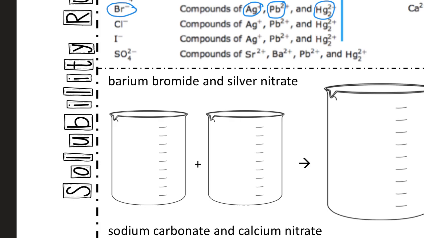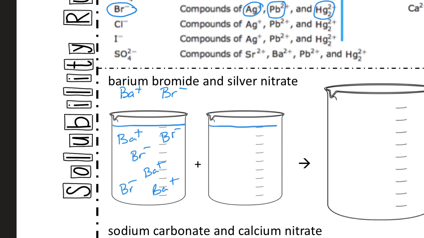So here's an example. Barium is going to produce positive ions. Bromine is going to be negative ions. So here's my solution. I've got my ions floating around in here. Okay, that's the barium bromide.